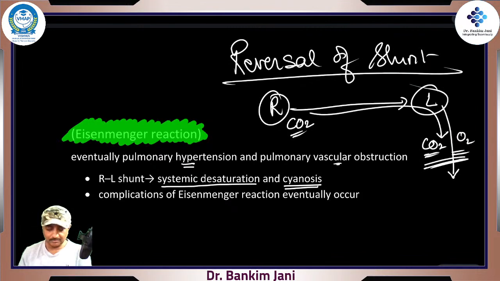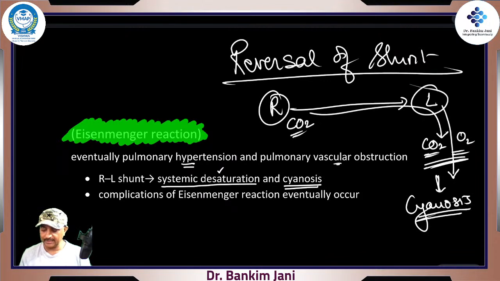That is what is called systemic desaturation, and that would lead to cyanosis, because less oxygen is reaching because of the mixture of that carbon dioxide rich blood, and that's what is called the Eisenmenger reaction, and the complications of Eisenmenger reaction we'll see.